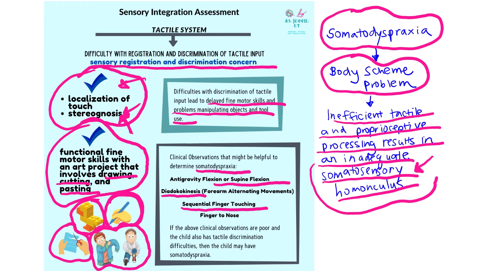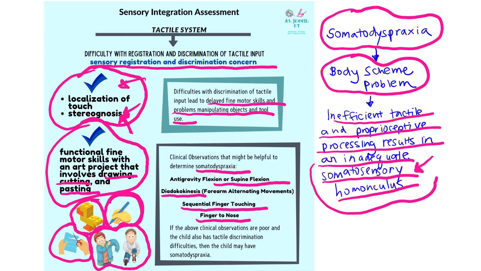And the last clinical observation that might be related to somatodyspraxia is the finger to nose clinical observation. With this, you will see that students will sort of miss their finger to their nose. They might be touching all over different parts of the nose instead of just the tip of the nose. The sequencing piece of it won't look nice and fluid.